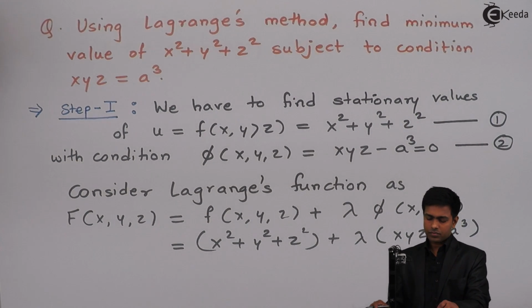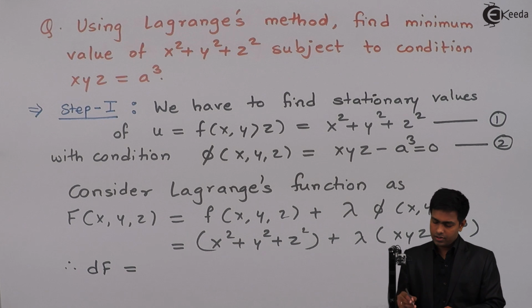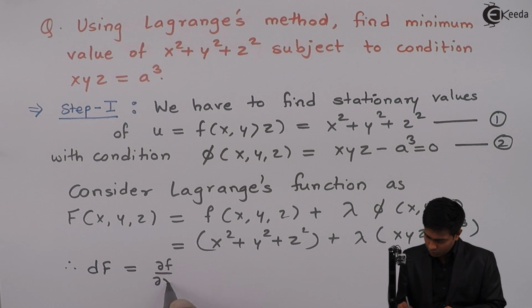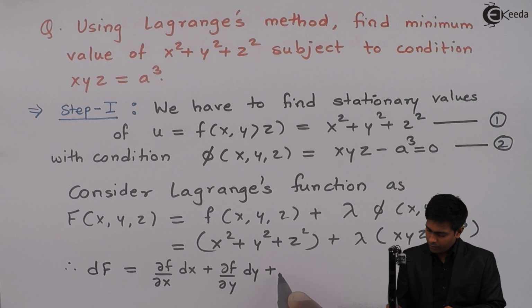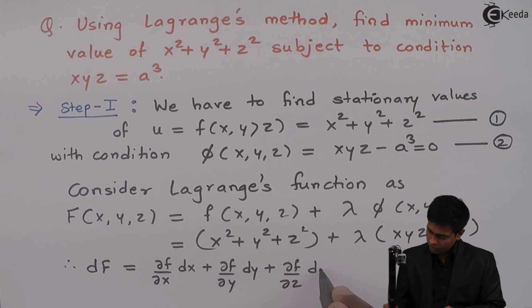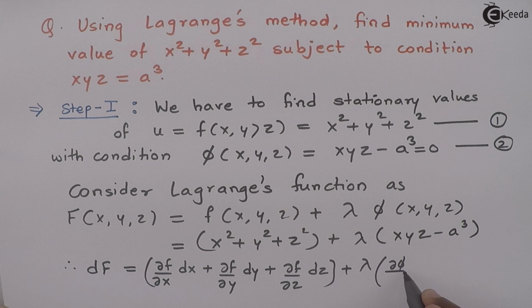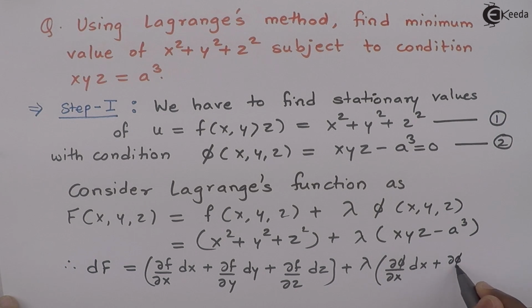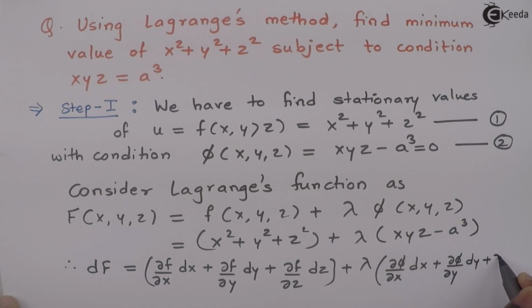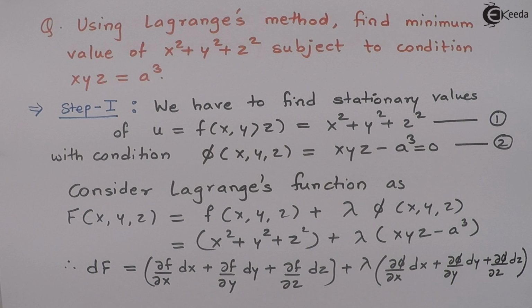So therefore dF equal to, the formula for dF is dou F by dou x into dx plus dou F by dou y into dy plus dou F by dou z into dz plus lambda into dou phi by dou x into dx plus dou phi by dou y into dy plus dou phi by dou z into dz.